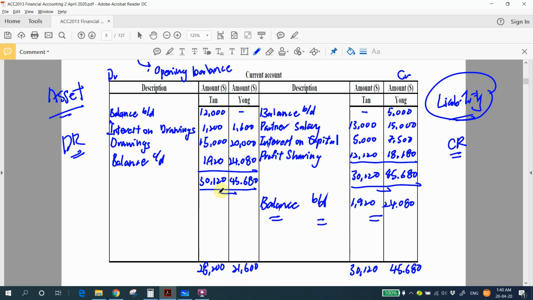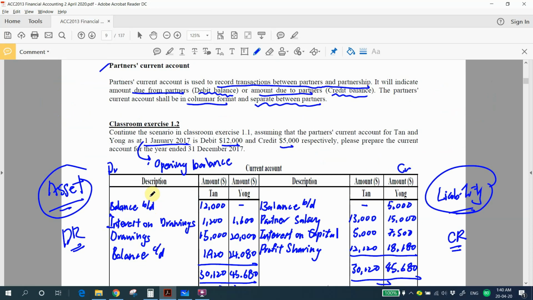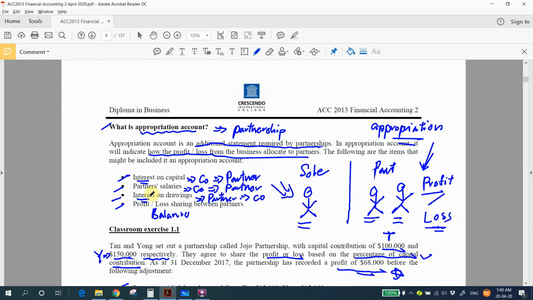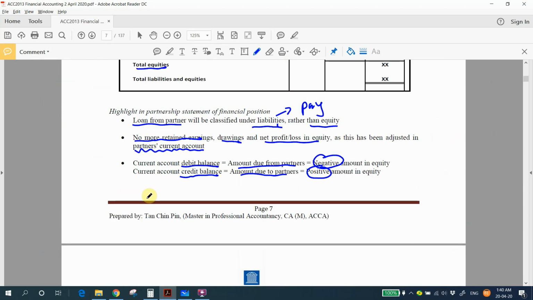On the other hand, if the balance appears on the debit side, this refers to an asset. This becomes amount due from partner. It means that this is the company's asset and the company can collect this amount from the partner in future. So you can refer to the explanation in wording here.